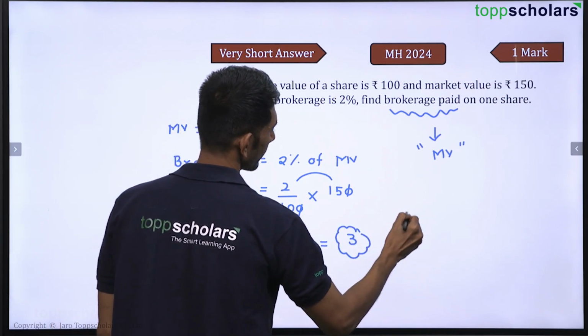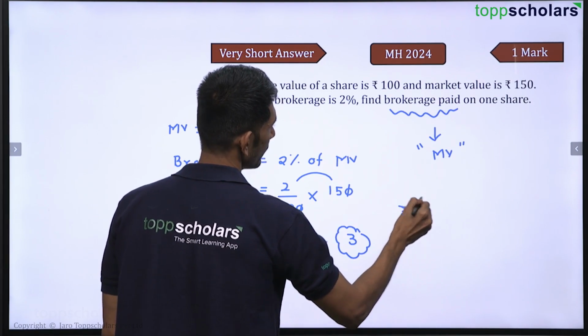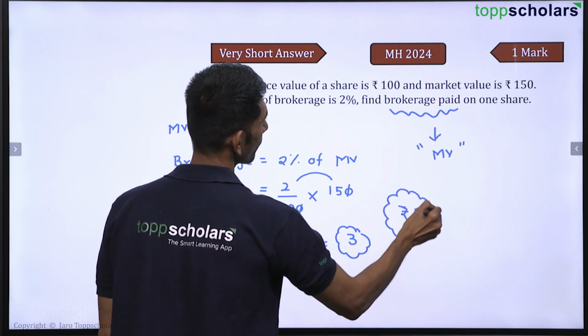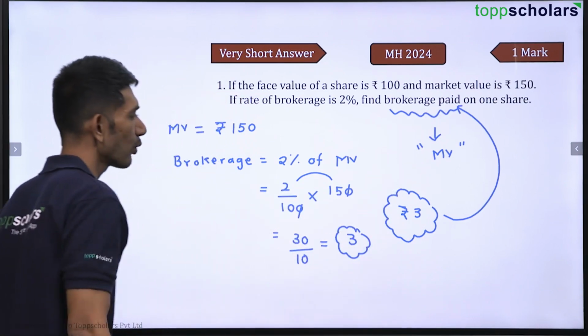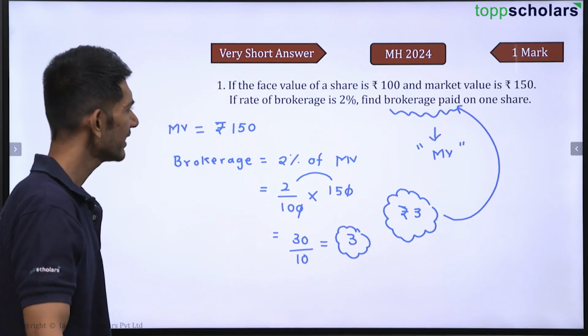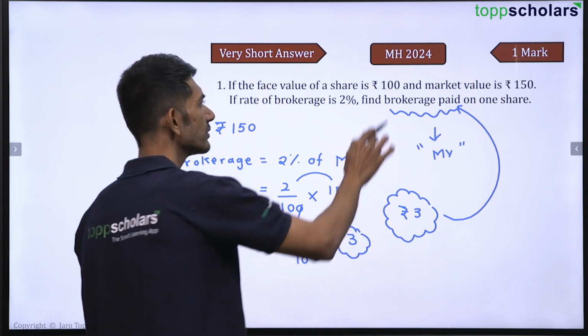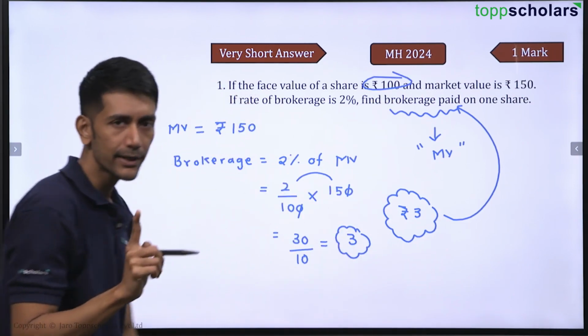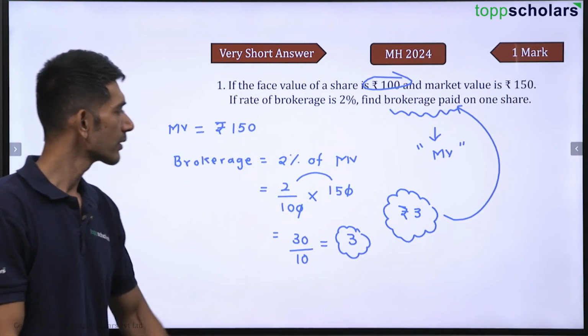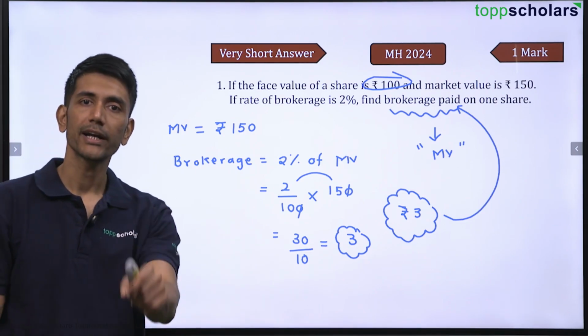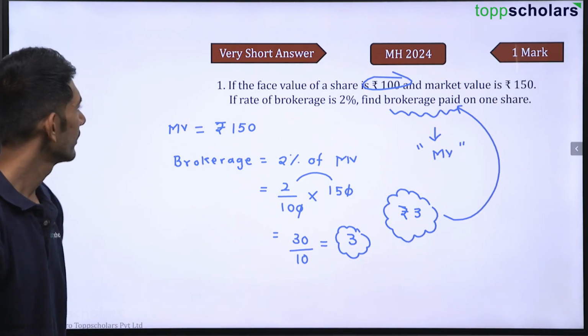So the brokerage is rupees 3 per share. Easy. One mistake that children do is that dividend is calculated on the face value, brokerage is calculated on the market value. Please make a note of this.